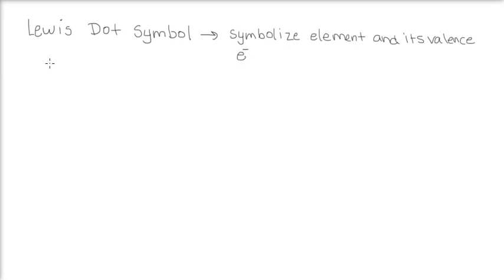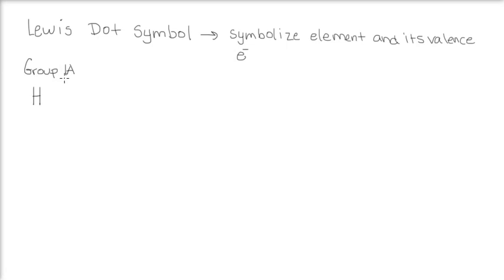So we also have to go back a little bit to our periodic table and remember how we deduce the number of valence electrons for any given element based on its position in the periodic table. So if we go to hydrogen, hydrogen is over here in group number 1 or 1A.